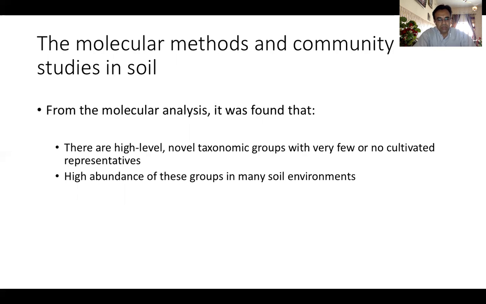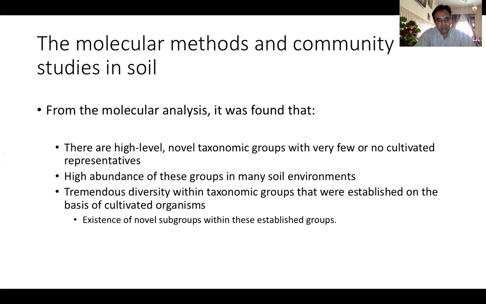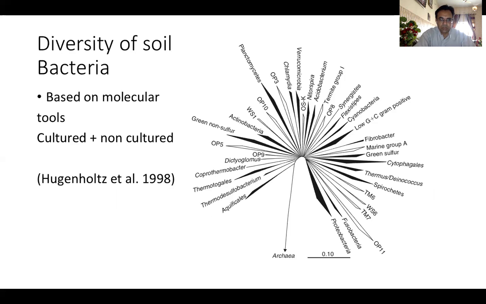So these bacteria or these groups have high abundance in many soil environments, and we see tremendous diversity within the taxonomic groups that were earlier established on the basis of cultivated organisms. And we see new groups, new subgroups within these established groups.